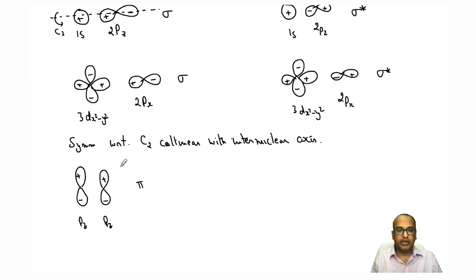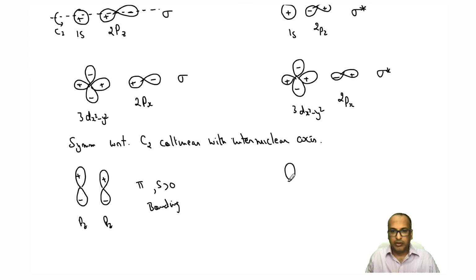Again, S will be greater than 0 here, because this is bonding interaction, bonding. This will lead to pi bond, this will lead to sigma bond.